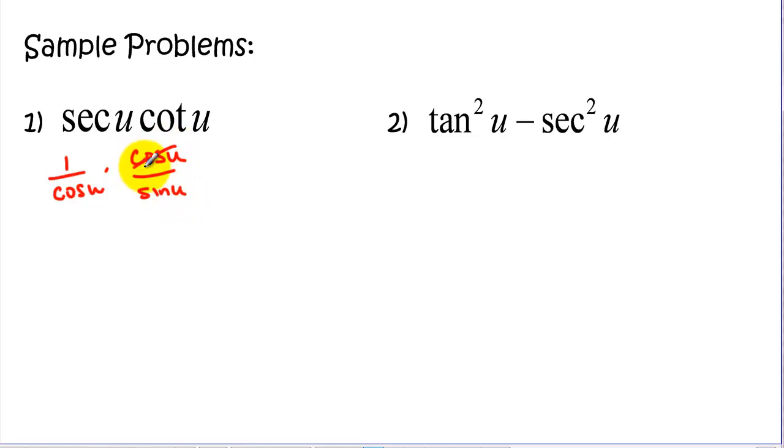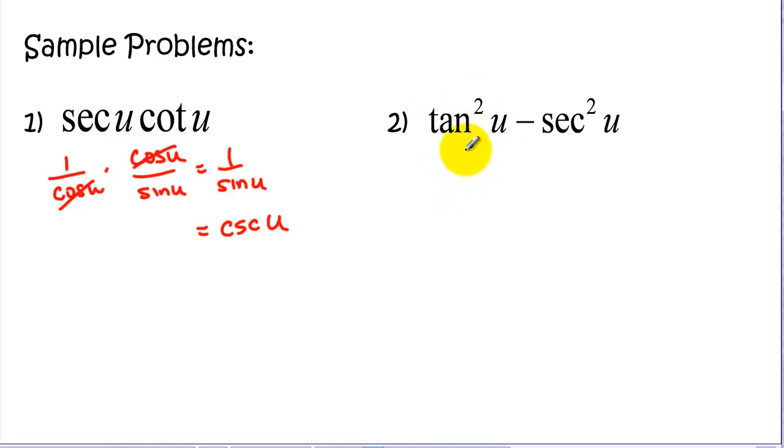We can use fractions here to cancel numerators and denominators, so we get 1 over the sine of u, which can be simplified to be the cosecant of u using a reciprocal identity substitution. Okay, let's look at this one.